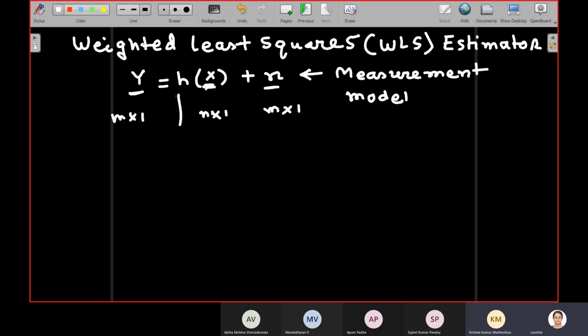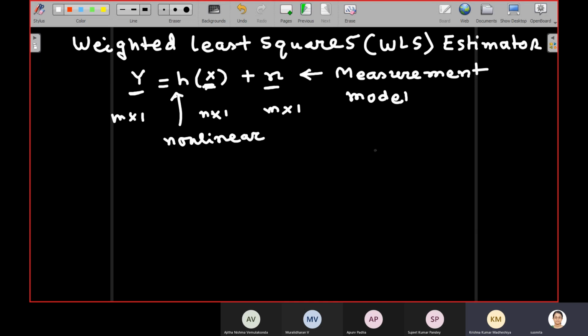Now we have a nonlinear function h. It's not necessary that y has to be a linear function of x. y can be a nonlinear function of x also. In most cases, as far as navigation is concerned, y is a nonlinear function of x.